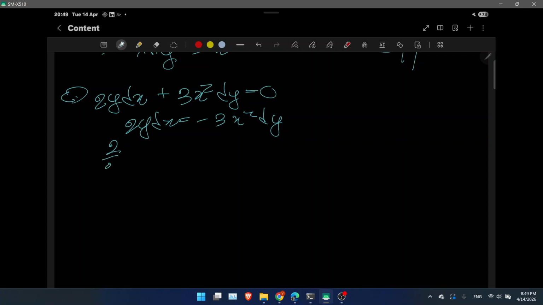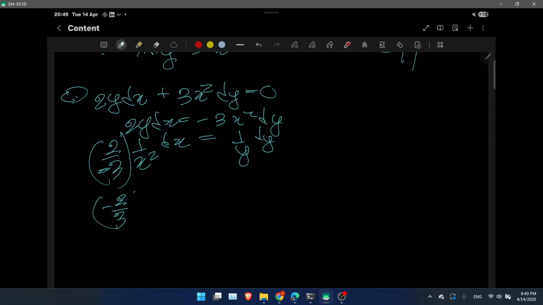I kept 2 over 3 here. I don't care about it if they are constants. Maybe I put minus also here. So it is just 1 over y dy. So I keep minus 2 over 3 here.